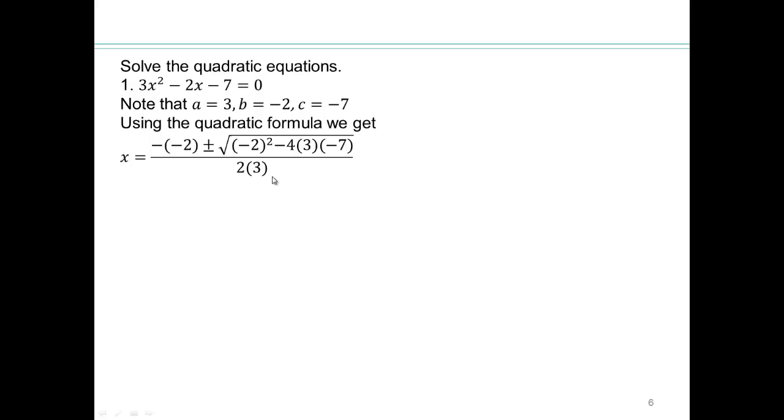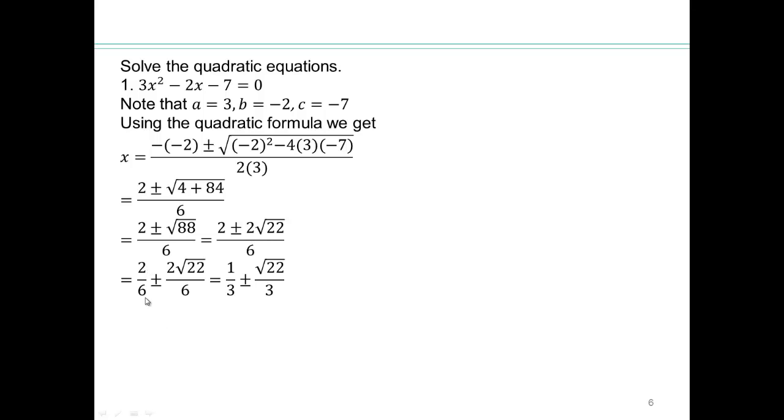Okay, so there are your numbers, and now you just have to simplify. What's 88? 88 is 4 times 22, and the square root of 4 is 2. Another way we can write this is to factor out the 2 across, so that'll be 2 over 6 times (plus or minus square root 22), which will give you 1/3 plus or minus square root 22 over 3.